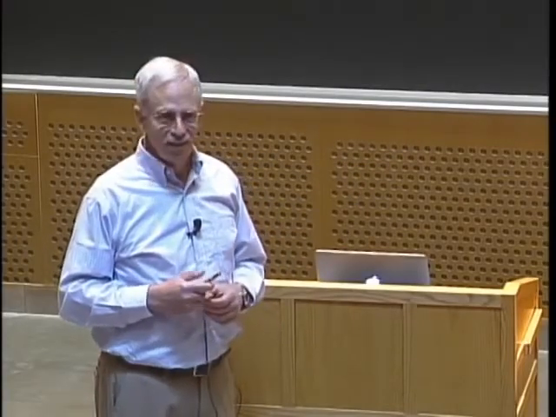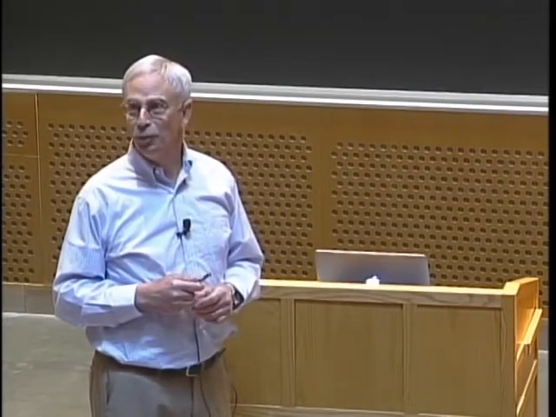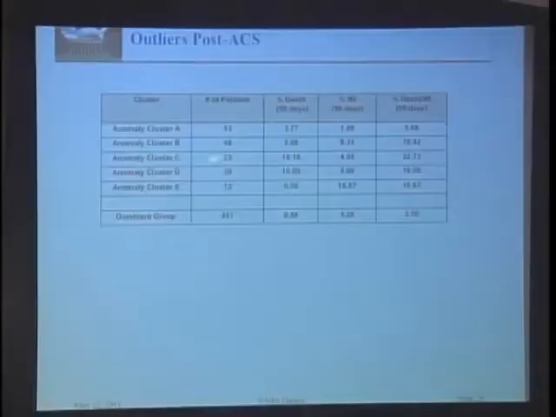But then we looked at people who were in these other clusters, and in fact, we used agglomerative hierarchical clustering to do this. And in cluster A, which had 53 patients, well, 3.77% died. If you happen to fall in cluster C, you were at very high risk. And we can just see that there's a big difference here.